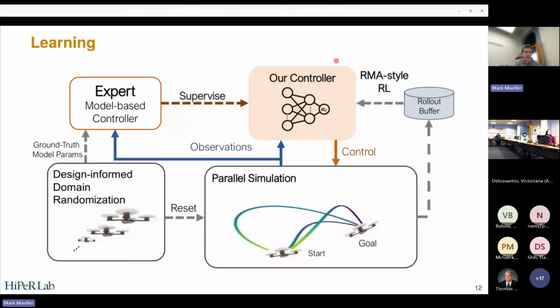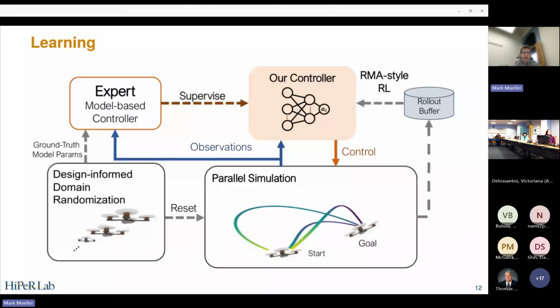In training, we start with behavior cloning of the expert controller, and then with an exponential decay, we reduce the weight on the expert controller and let the learning control run from there, which allows us to converge faster.